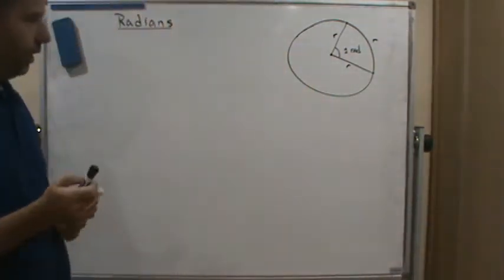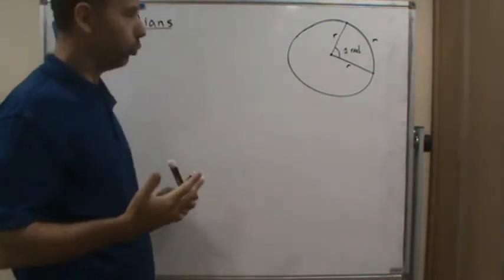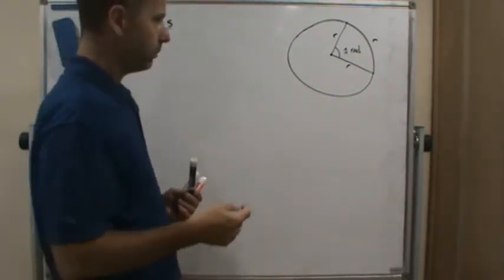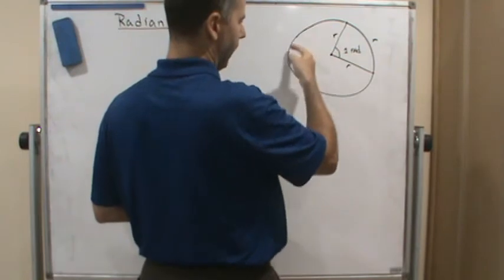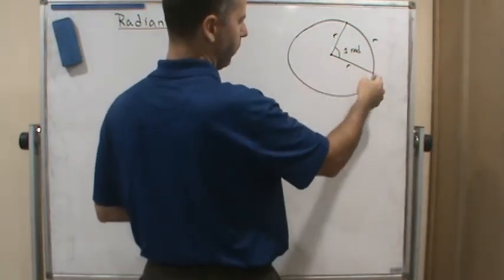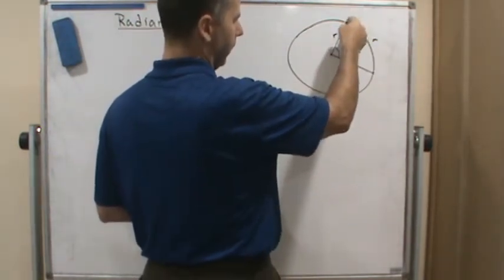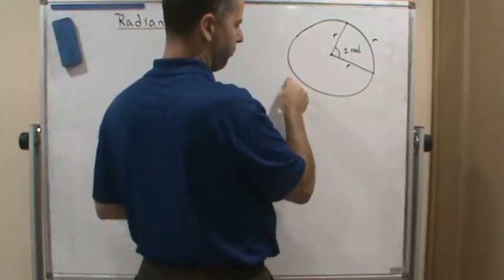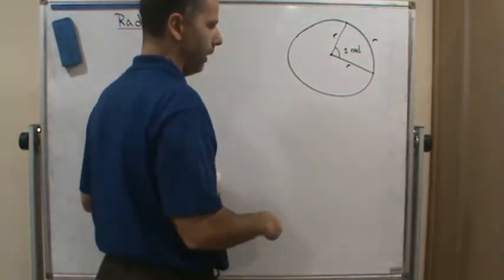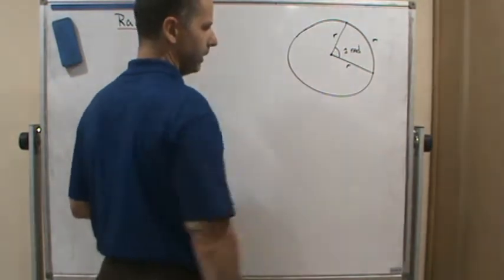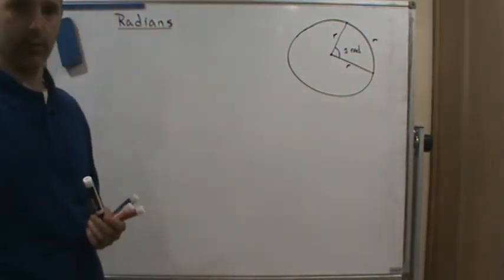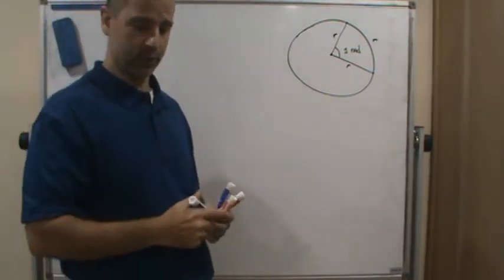So how many radians does it take to go all the way around the circle? If we start at this point and we go 1 radian, and we keep going and we keep marking off radians all the way around, how many radians is it going to take to get back to where we started from, to basically do 1 revolution around the circle?